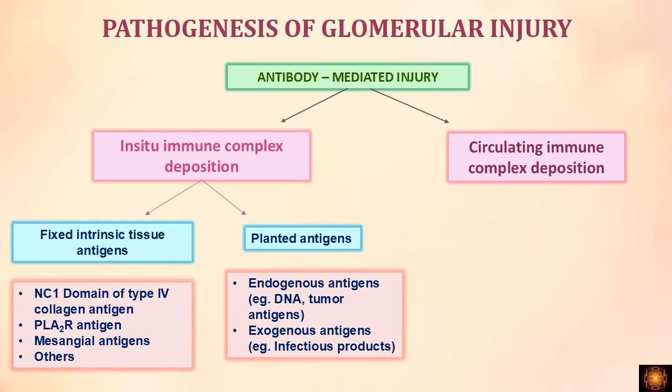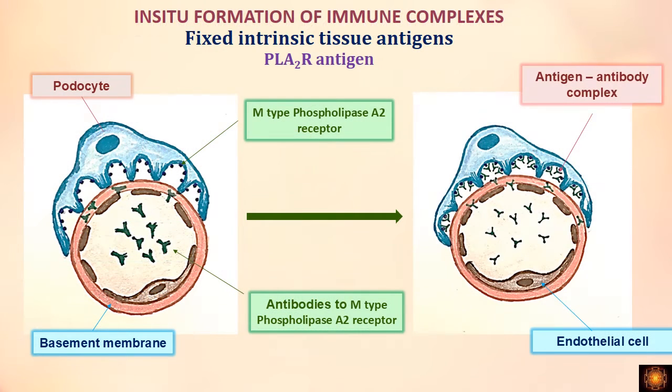So first we will study fixed intrinsic tissue antigens. As I told you, we have two types in this, that is phospholipase A2 receptor antigen and NC1 domain of type 4 collagen. This phospholipase A2 receptor antigen is present on the membrane of the visceral epithelial cells or the podocytes.